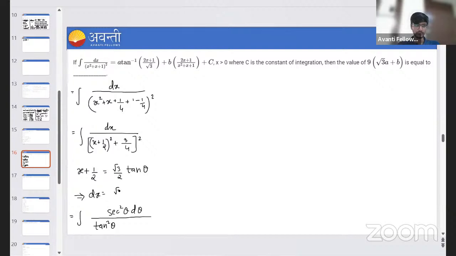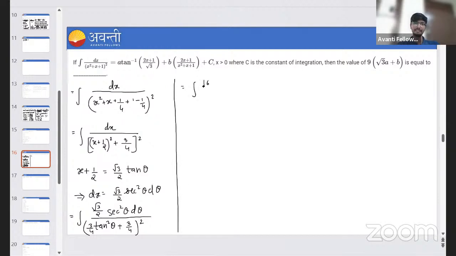So this will be root 3 by 2 into sec square theta d theta. So here it will be root 3 by 2, so its square, I'll get 3 by 4 tan square theta plus 3 by 4, the whole square. Correct? So I can take 3 by 4 outside.